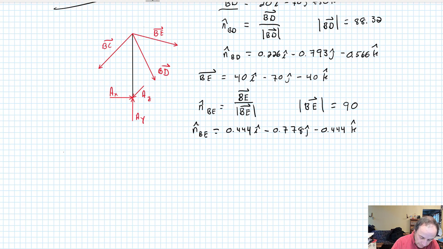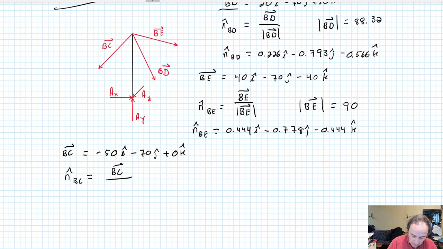And our last one, vector BC, a little bit easier, but still has two components: minus 50I minus 70J plus 0K. The unit vector is going to equal that vector over the magnitude of that vector.